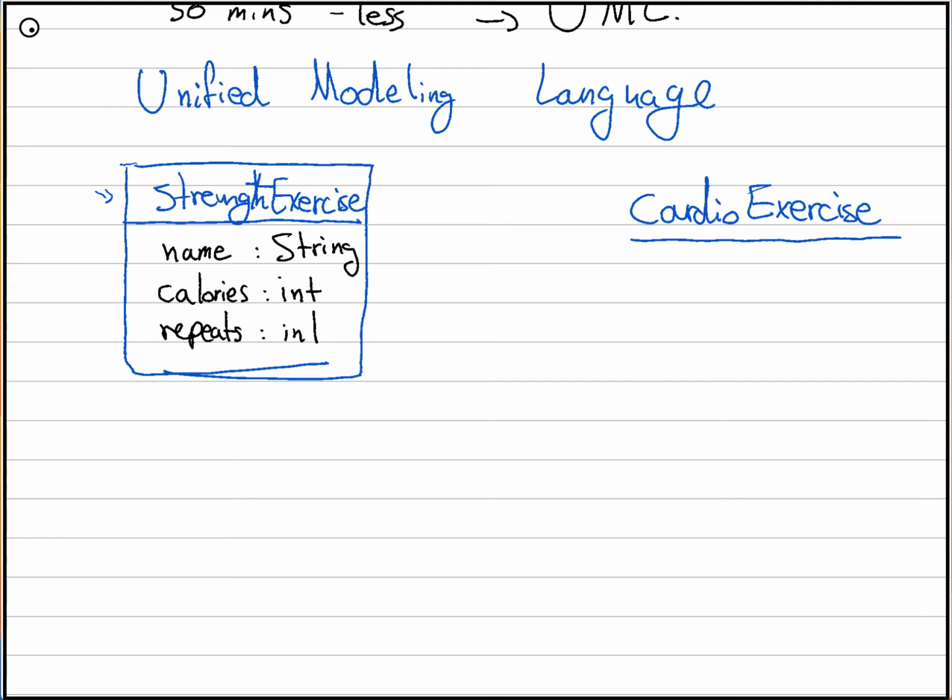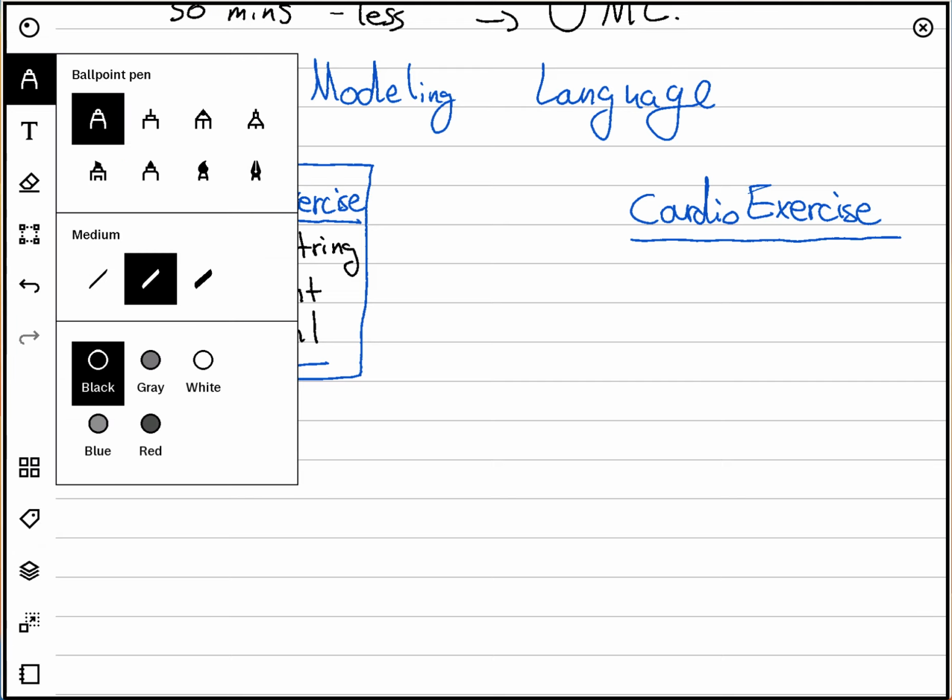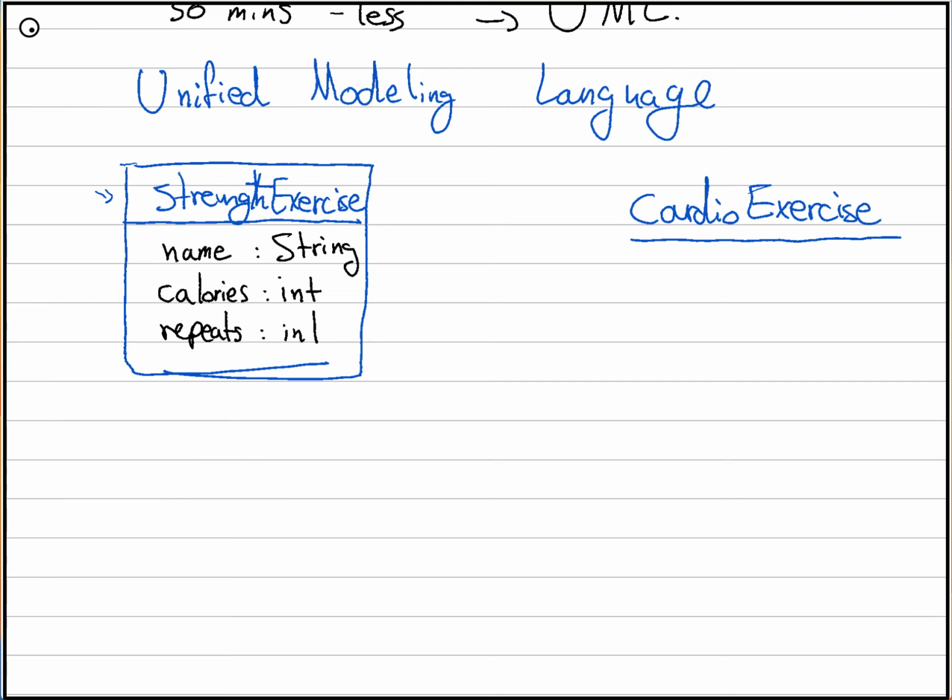All right. What were some of the fields for cardio exercise? Again, it was a name, calories, and the duration, I think. Name, calories. I think for cardio we had distance, right? Because with a cardio you would have something that you're going for.